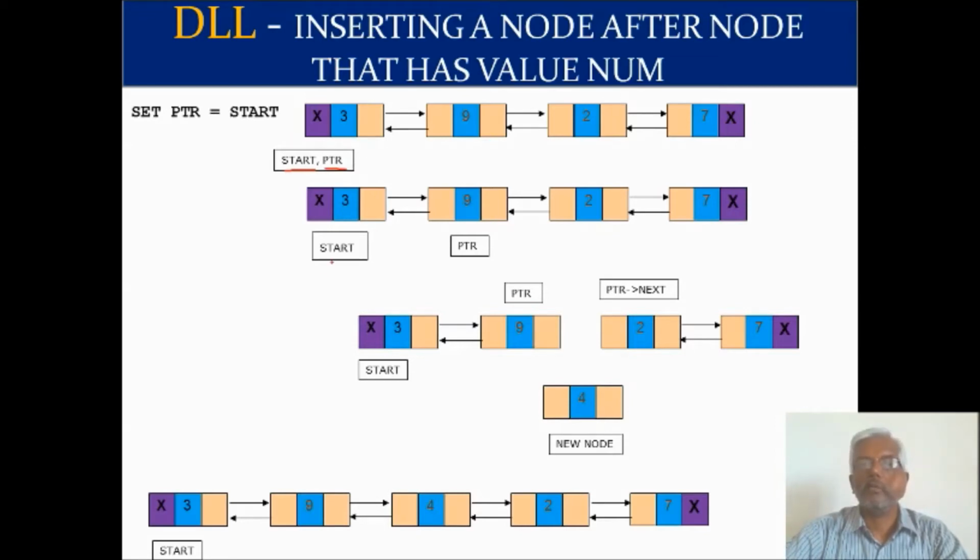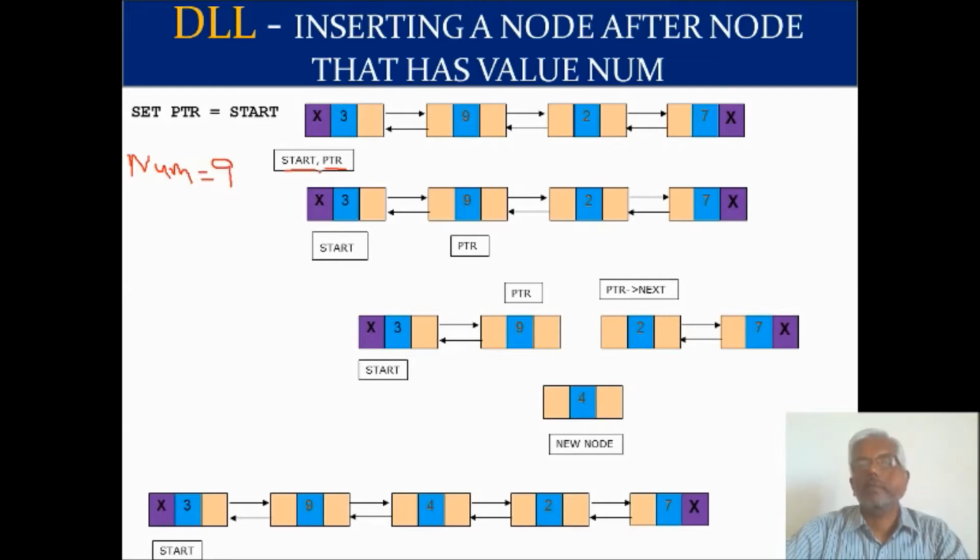Now we have to move this ptr up to the node whose value is num by using the while loop, similar to that of the singly linked list and circularly singly linked list. By using that while loop, we can move this pointer to the respective node. Now in this example, just imagine my num is equal to 9.